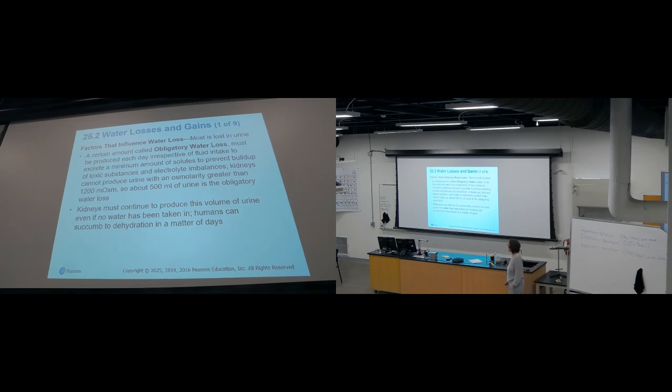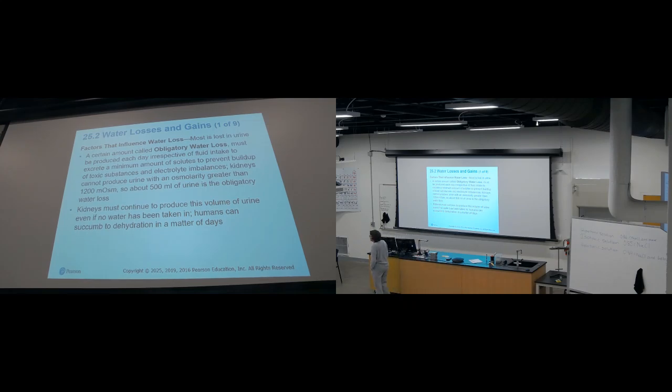So if the osmoreceptors in your hypothalamus are working well, then you detect an increase in osmolarity, and that leads to this mechanism of defense, which is basically forcing yourself to drink water because these osmoreceptors stimulate the thirst mechanism.